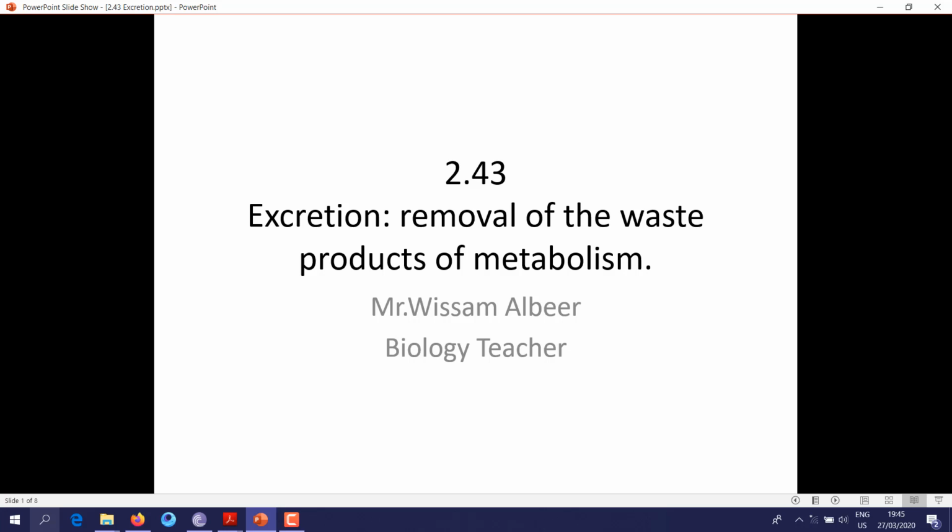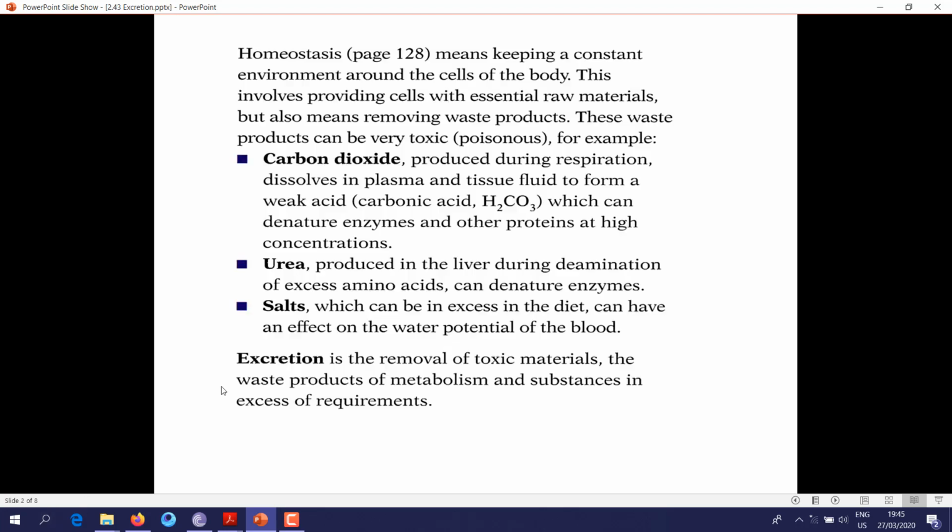Then when these cells use this food or material, they produce wastes. So all living cells produce wastes. Then number two, you should know the names of these wastes. Number one, carbon dioxide. Number two, urea.